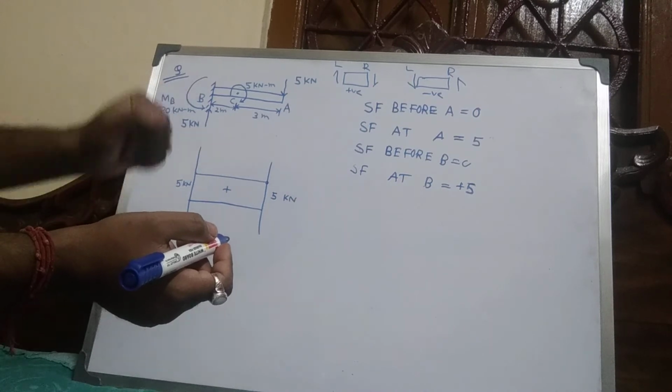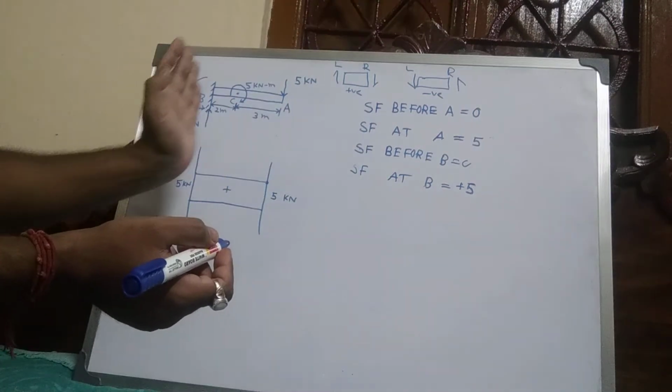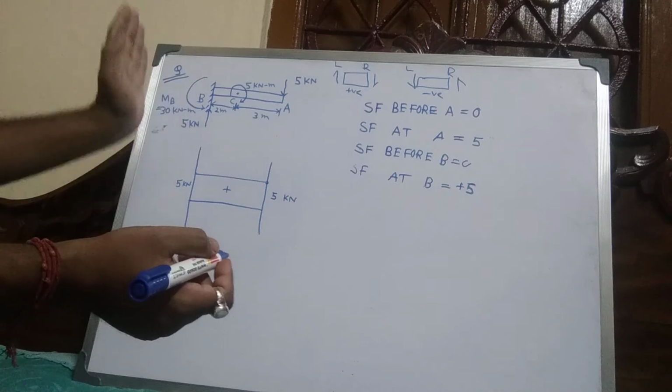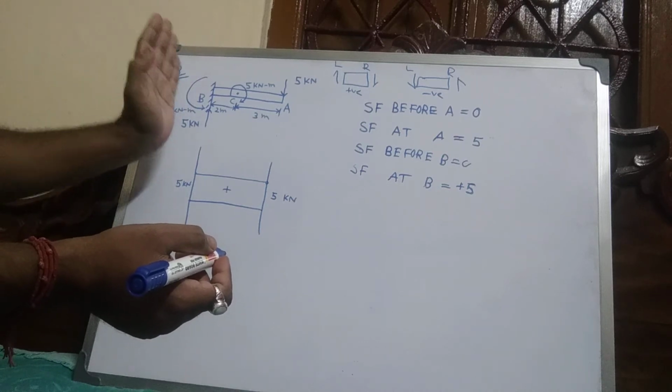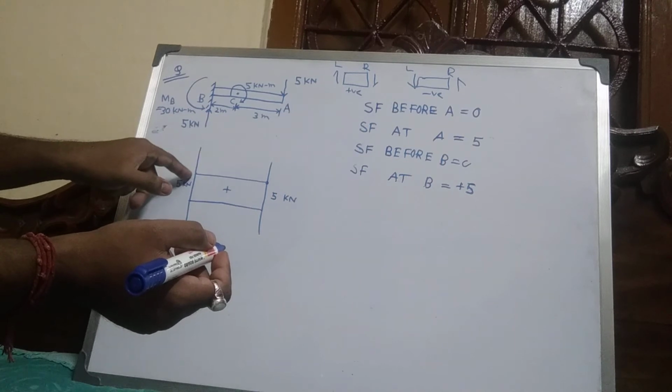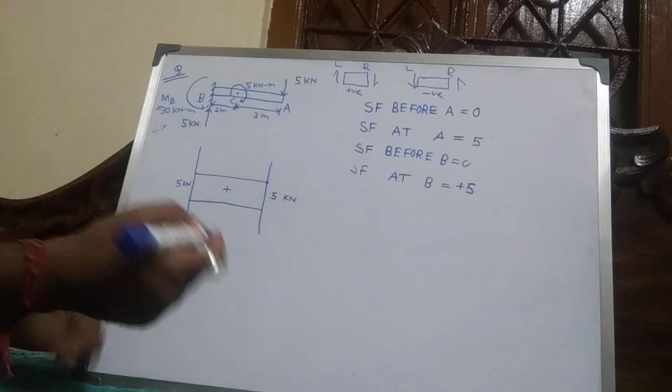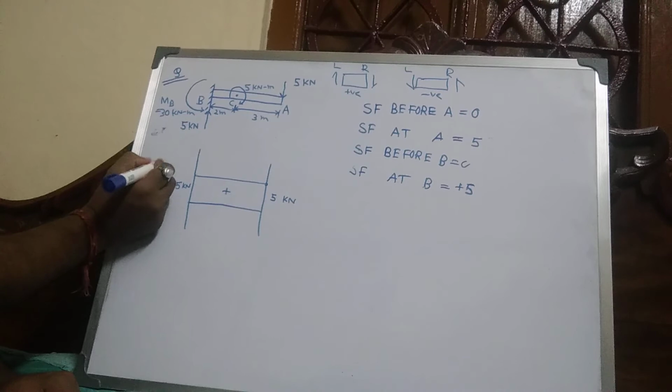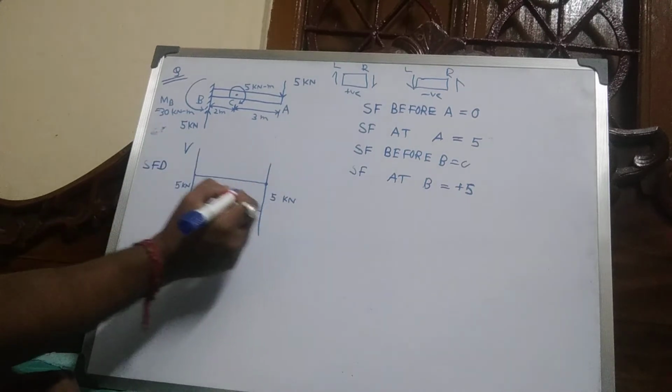Before B is 0 and at B this is 5. This is SFD, shear force diagram. This is V versus X.